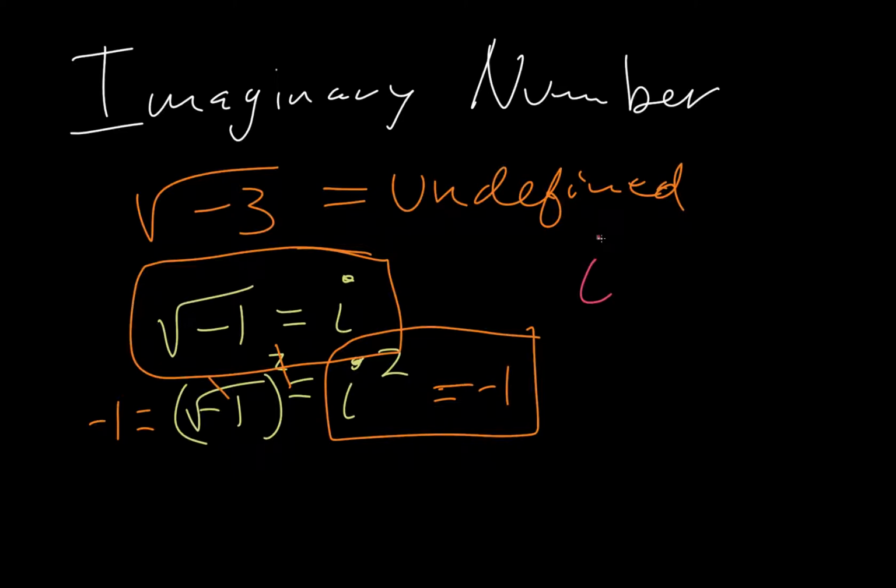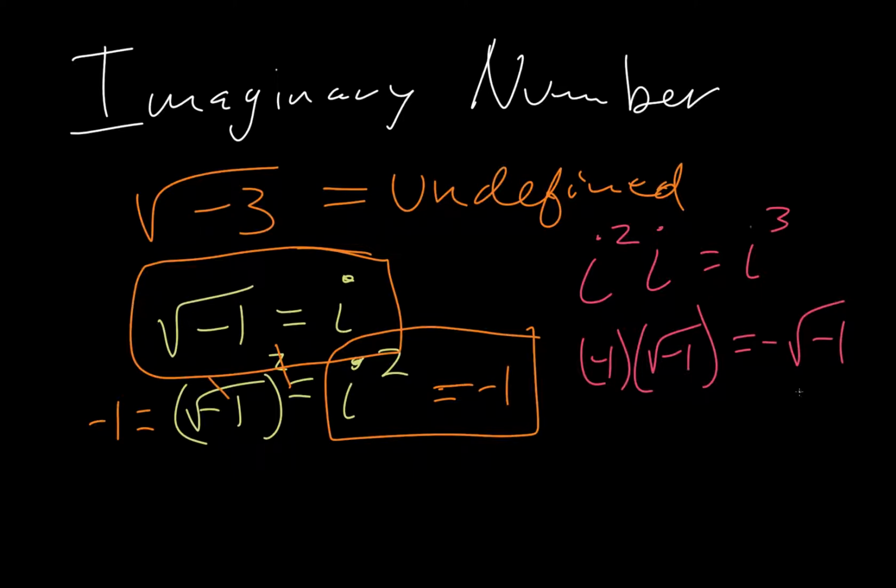So if we do i squared times i, we'll end up with i cubed, because 2 plus 1 is 3. So i squared is -1, and if we multiply that by the square root of -1, we get the negative square root of -1.